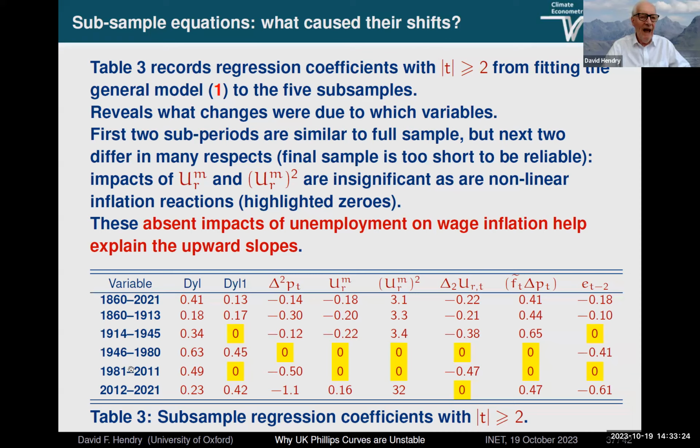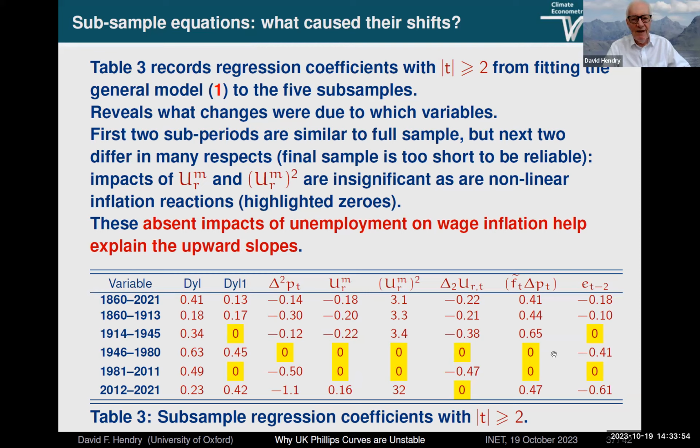So what we have here, which I found extraordinary, is that it's the lack of significance of all these turbulent changing variables that stops the Phillips curve from being constant. It's not the shifts in them, it's a lack of shifts in them that's causing the problem. It's the absent impacts on unemployment in the wage equation that's explaining the upward slopes.